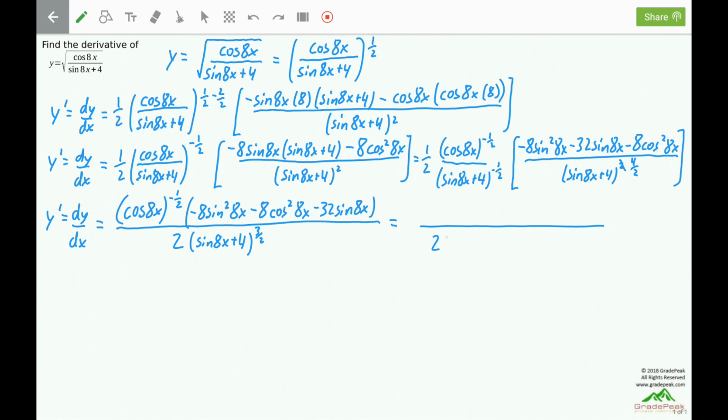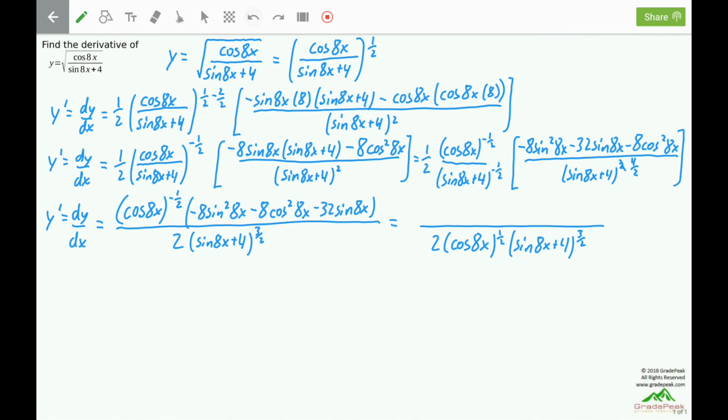It might be a good idea to do that. So I have a 2. I have the cosine of 8x, and it will be to the positive 1/2. And I have the sine of 8x plus 4, and it will be to the 3 halves. And back in the numerator, I have just this expression left over.